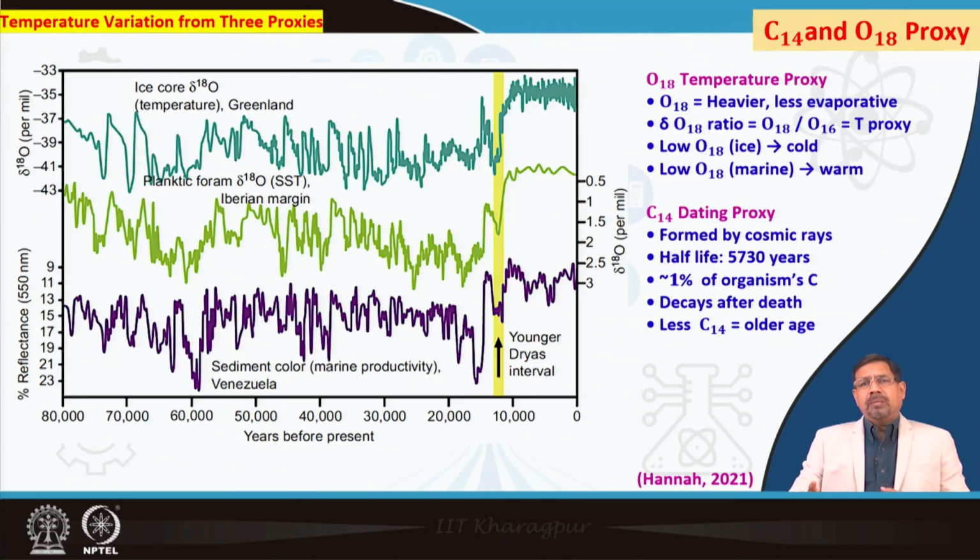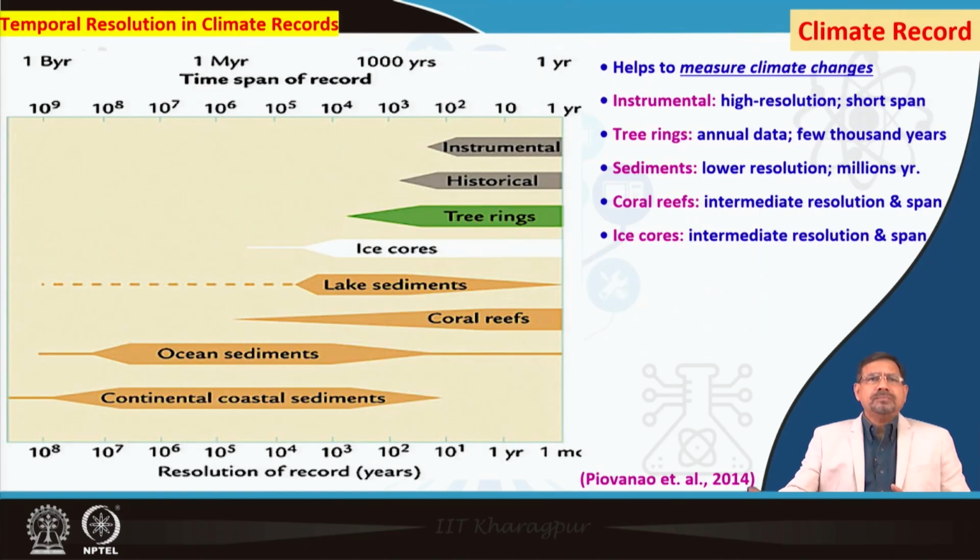So, that is how C14 and O18 behave. O18 gives us information as a temperature proxy. C14 gives us information as far as the date or the time is concerned. So, corroborating all these clues, we come out with information about the temperature variation in the past, linking it to the climate or climate change.